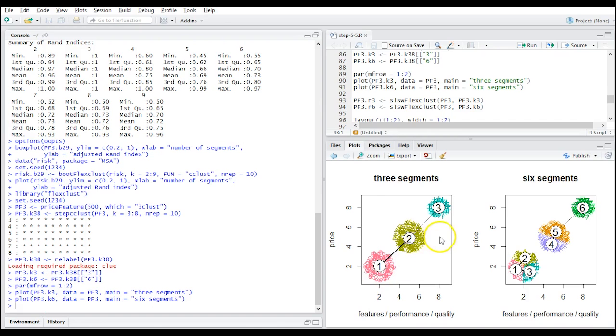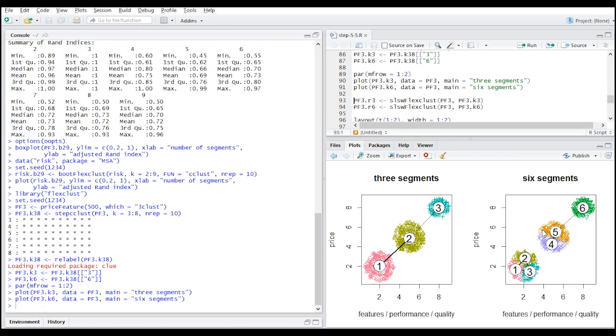Hard to see in that plot here, but we see the 3-segment solution perfectly groups the observations into the true underlying distinct segments, whereas the 6-segment solution has one segment, the number 6, which is identical to a true segment, whereas the other 2 segments are split into smaller bits. So segment 1 is split into 3 small segments and segment 2 is split into 2 other segments.